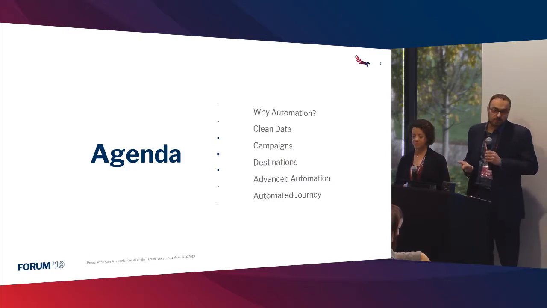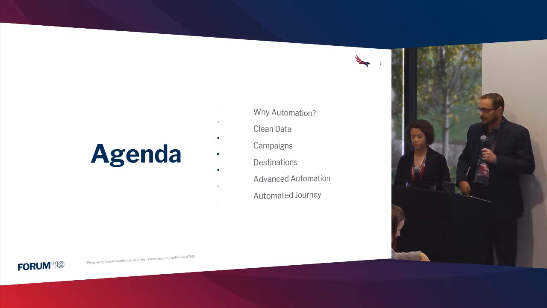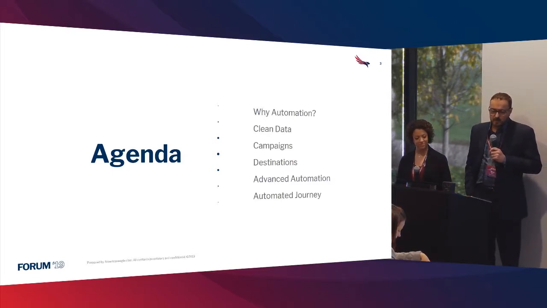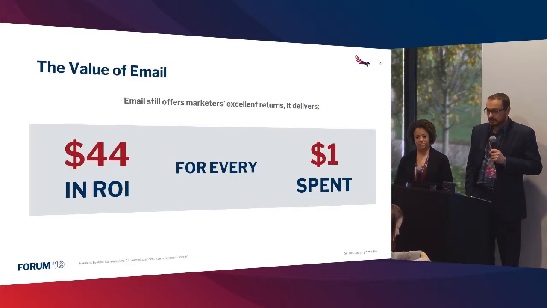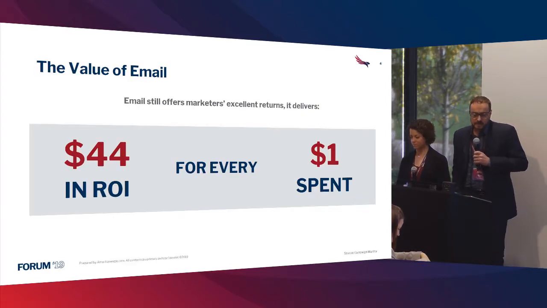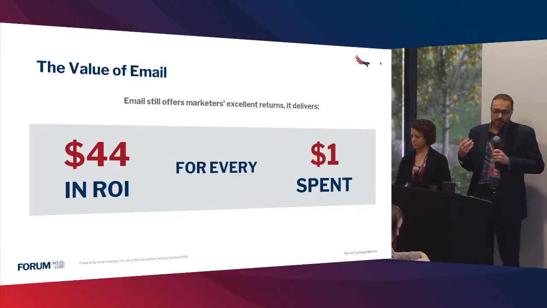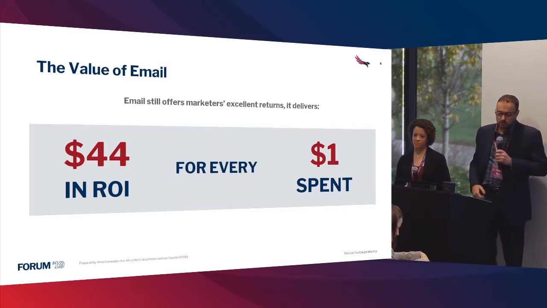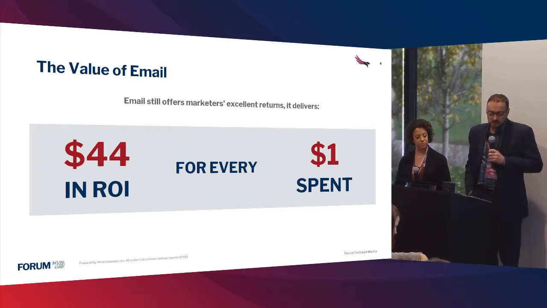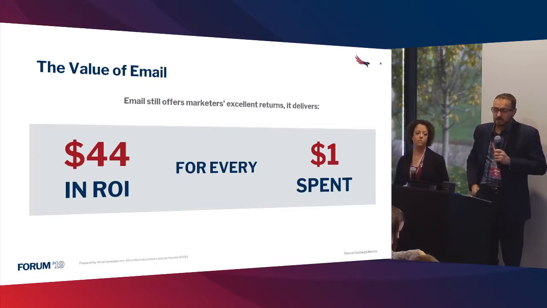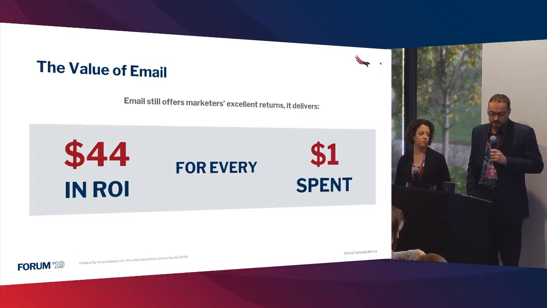To get started, the first thing we wanted to talk about, that Chris actually touched on, is there's been a lot written and published in recent years about the demise of email and its effectiveness. We think it's like anything, it depends on how it's being used and who's using it. In 2019, we're seeing a lot of statistics that go to the contrary of some of that information that's out there.